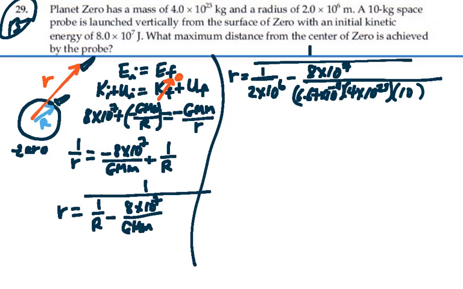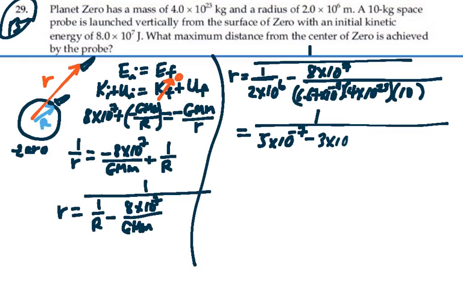So this is equal to 1 over, and 1 over 2 times 10 to the 6 is actually 5 times 10 to the minus 7, minus, and all this other stuff, 8 times 10 to the 7 over all those three things, actually comes out to 3 times 10 to the minus 7.